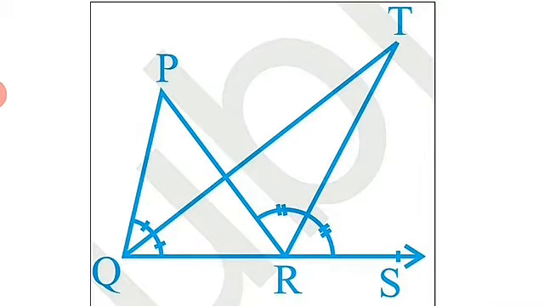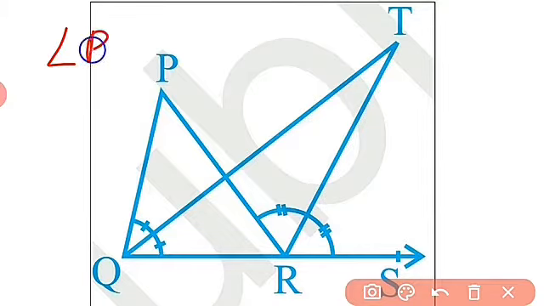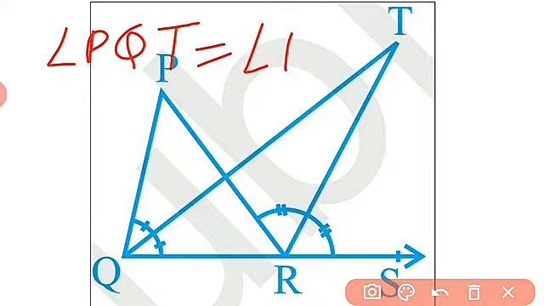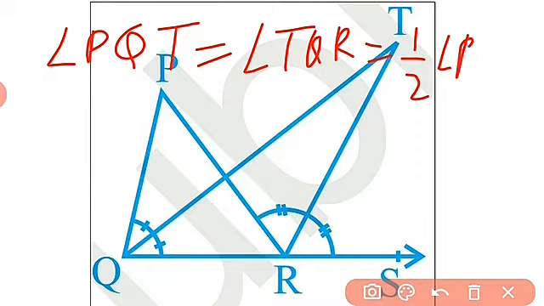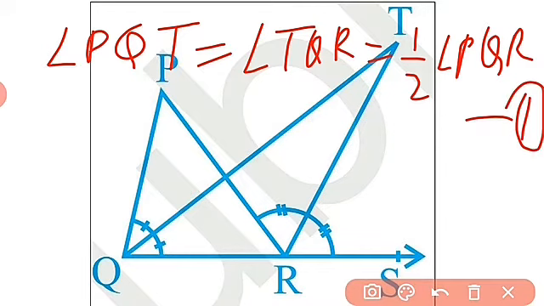First of all, we have been given that QT is an angle bisector. So angle PQT is equal to angle TQR, which is equal to half of angle PQR. So this can be considered as 1. Again, RT is an angle bisector.